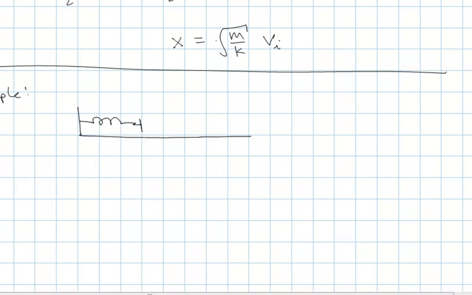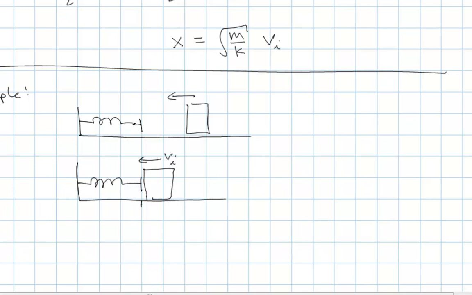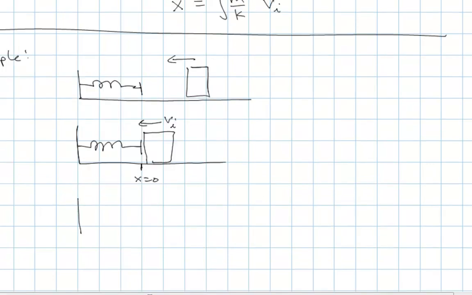Why don't we look at the same situation we had previously, but let's add friction. The block is sliding to the left. Right when it gets to this point, it has a speed v initial. That's x equals 0. And we want to know how far it compresses the spring when it comes to rest.